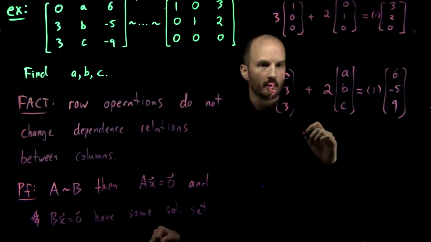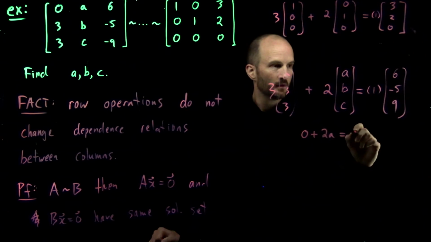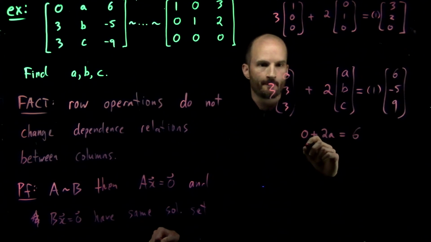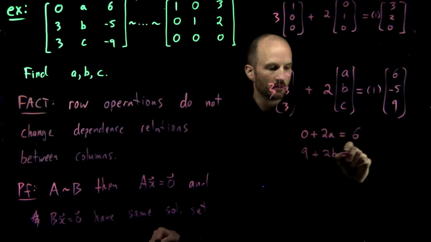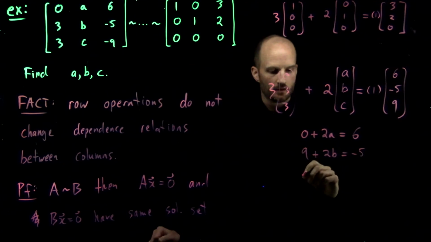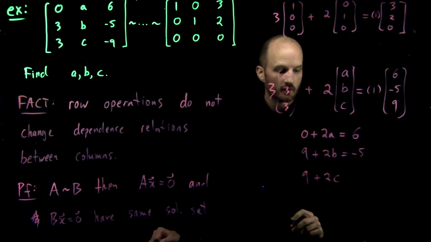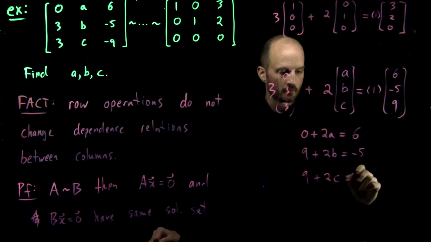So what do I get? I get 0 plus 2A is 6. 9 plus 2B is -5. 9 plus 2C is 9.